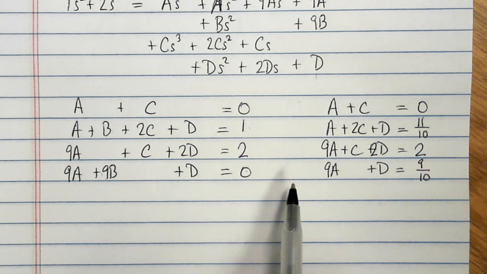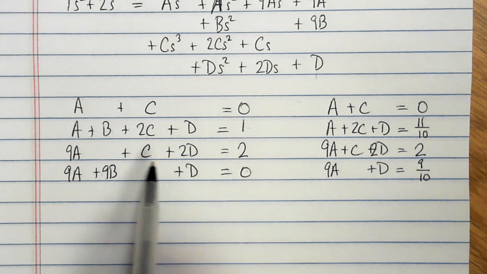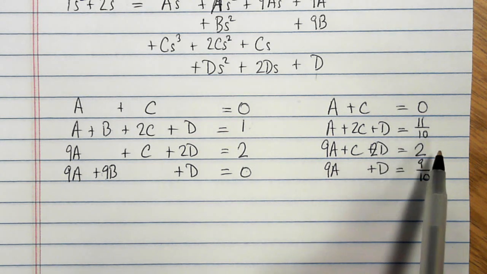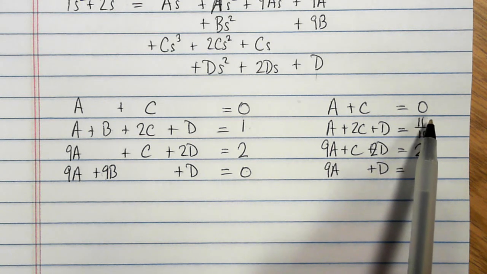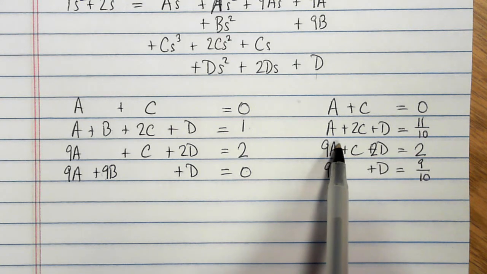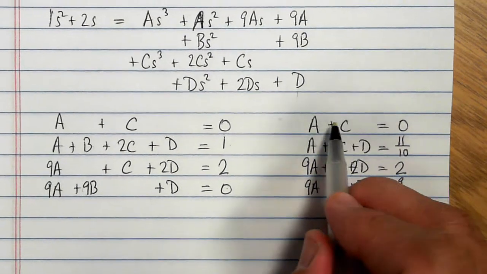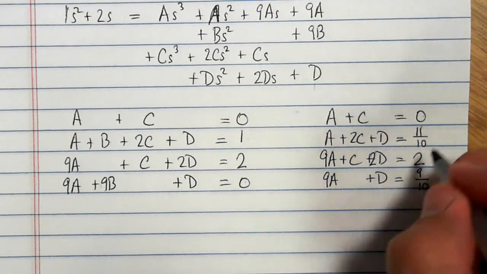So let's take, let's see, where should we start with this? Let's start with this equation here. We have that a plus c equals 0, and so therefore a is equal to -c.